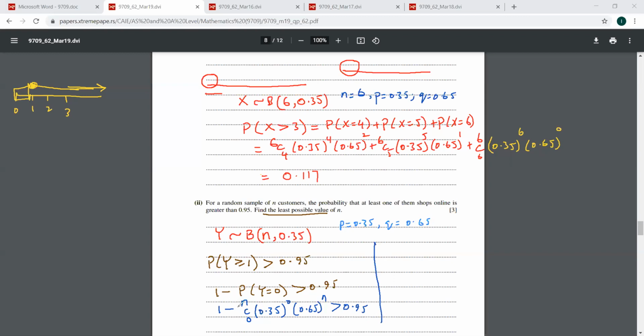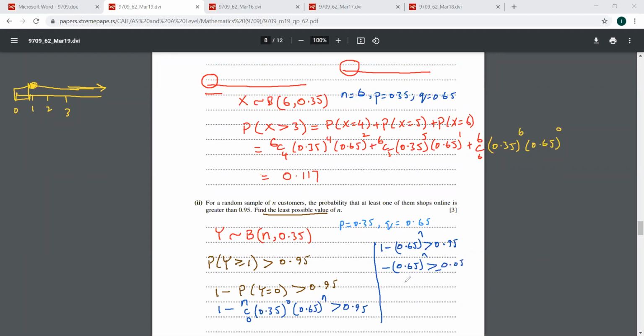Okay, and we know that nC0 is 1, this is 1, so we are left with 1 minus 0.65 raised to power n is greater than 0.95. I move this one to the other side, so this is going to be minus 0.65 raised to power n is greater than minus 0.05.